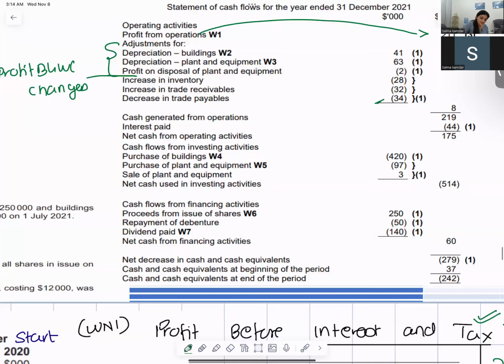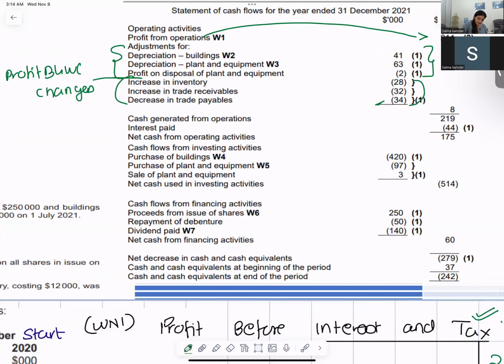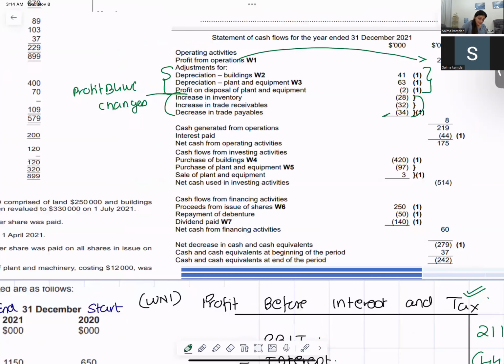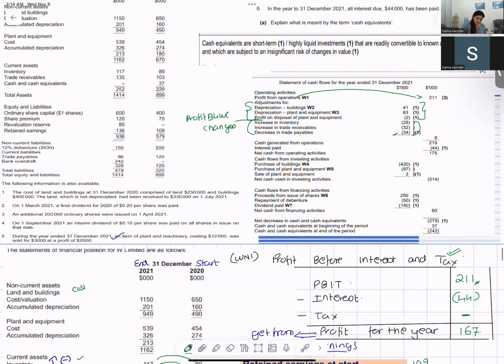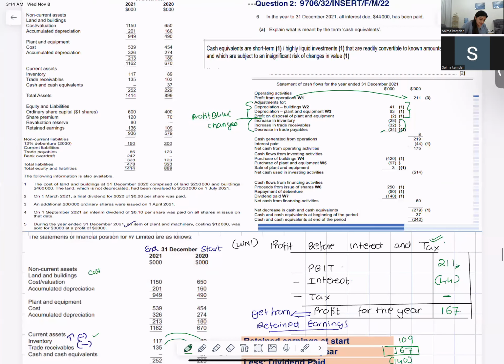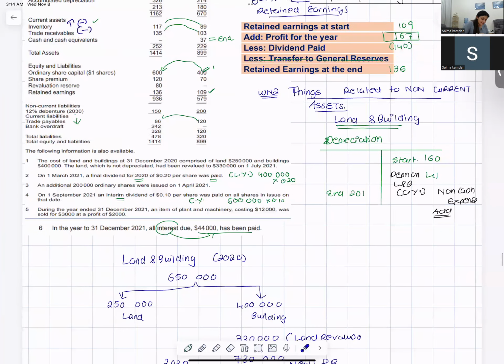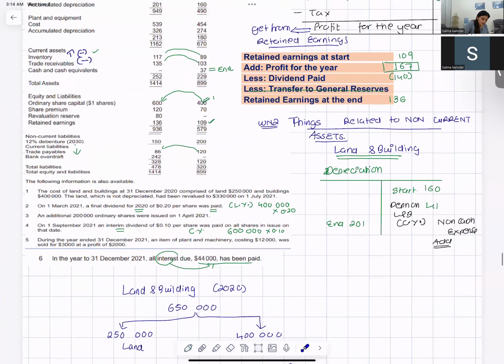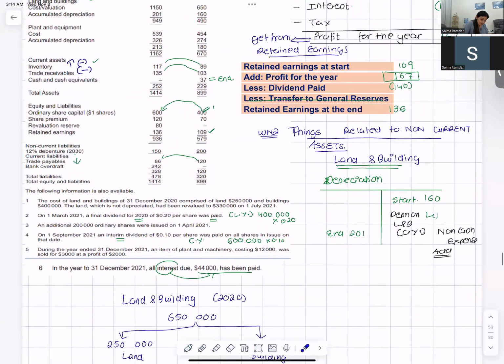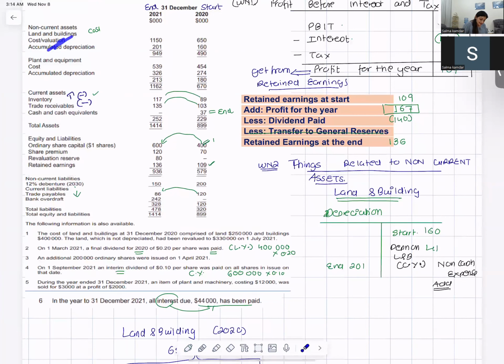Now what you are left with is the adjustments for your assets. With relation to assets, you will always prepare a working note and you will see what information is given to you. I have land and building. Cost is given and depreciation has been given. And an adjustment related to land and building is given over here.